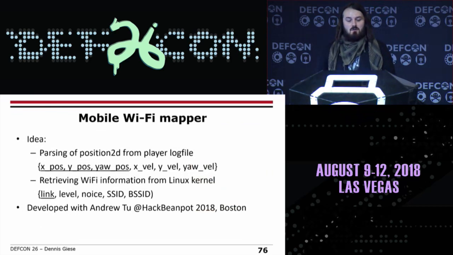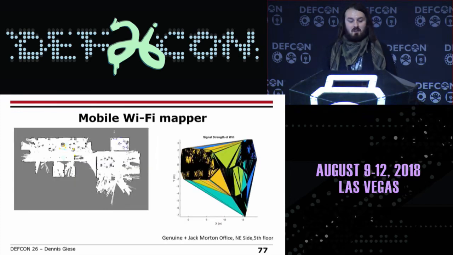This vacuum cleaner produces a lot of log files, and the log files give you the X and Y position, the yaw position, and from the kernel you can ask, for example, specific information about the Wi-Fi, the link level, the SSIDs. So this was one project I developed a few months ago with Android 2, on the Hackbeam pod in Boston, and it was a mobile Wi-Fi mapper.